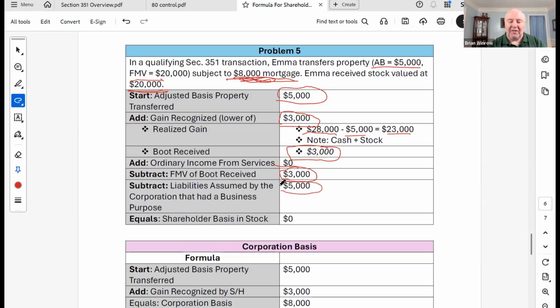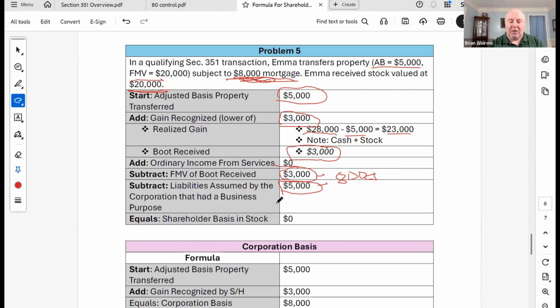If you look at this, 3,000 and 5,000 really equaled $8,000, right? So what we took was that $8,000 of mortgage, and we said to the extent of adjusted basis, that's just subtracting out liabilities, and anything in excess, that was boot received. So that's where the 8,000 came from.